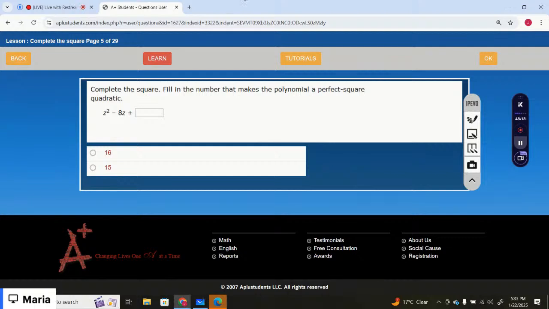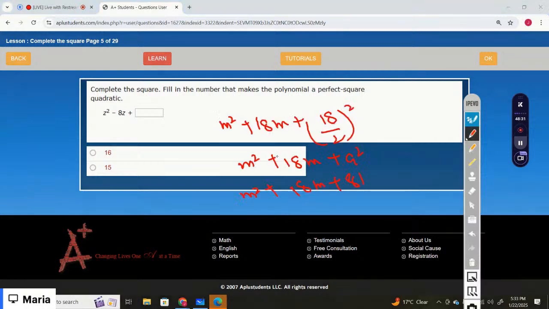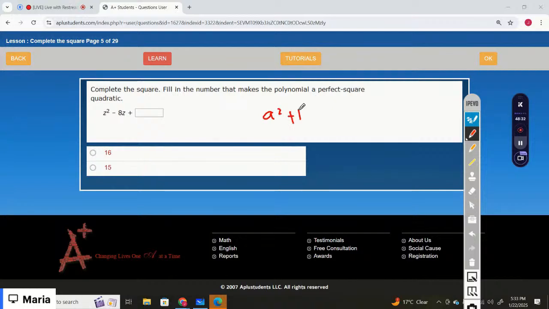Complete the square. Fill in the number that makes the polynomial a perfect square quadratic. Z square minus 8z plus the missing number. So which number is missing? You have to relate the equation with a square plus bx plus c. Here we have b, so c equals b divided by 2 square. So z square minus 8z plus negative 8 over 2 square.